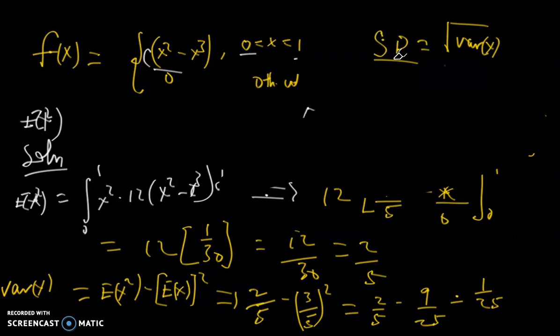So SD is equal to the square root of 1 over 25 that we got here. This will give us 1 over 5. So this is how you work with the continuous probability distribution function.